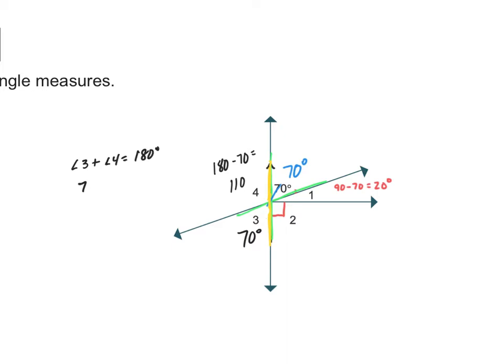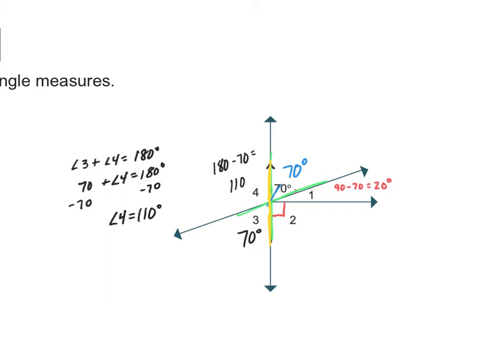So if angle 3 is 70 degrees, 70 plus angle 4 is going to be equal to 180 degrees. Therefore, if I subtract 70 from both sides, angle 4 is going to be equal to 110 degrees. That's doing the math, that's showing my work. We're going to get to the point where you can do that in your head, but we do have to practice enough so that it becomes second nature.